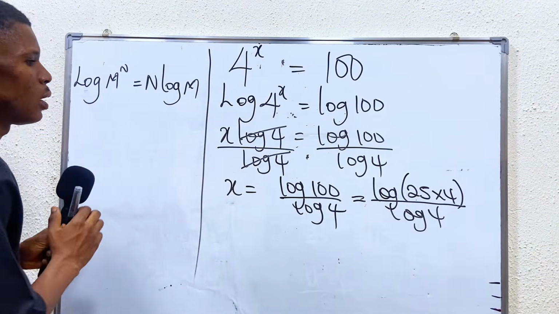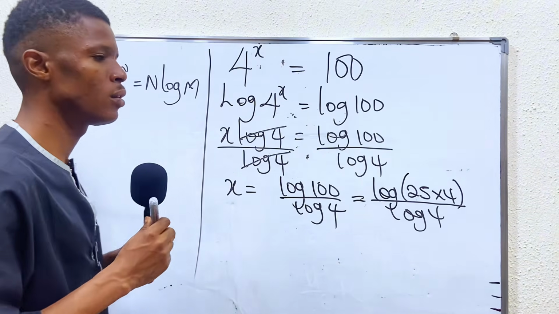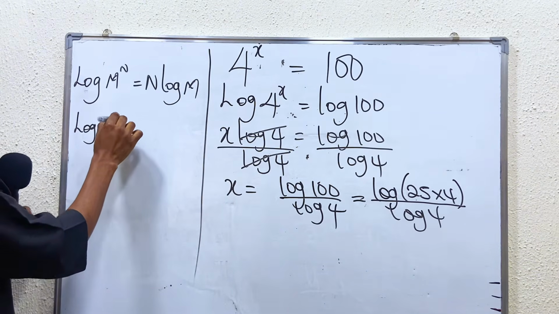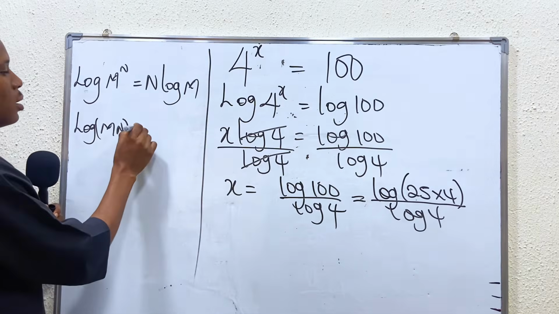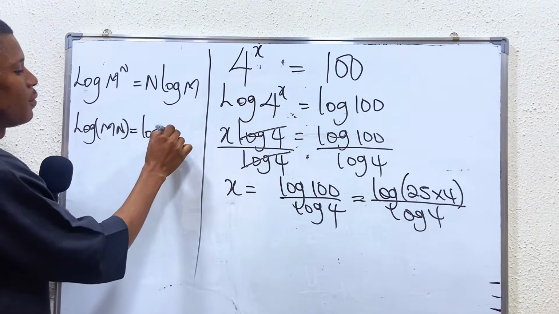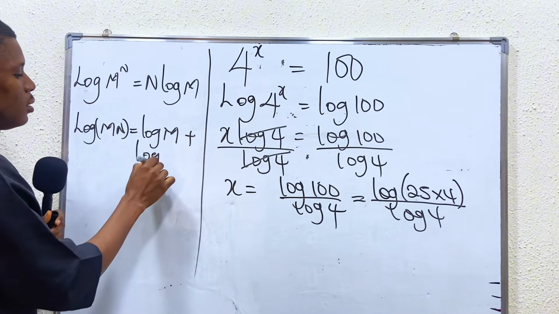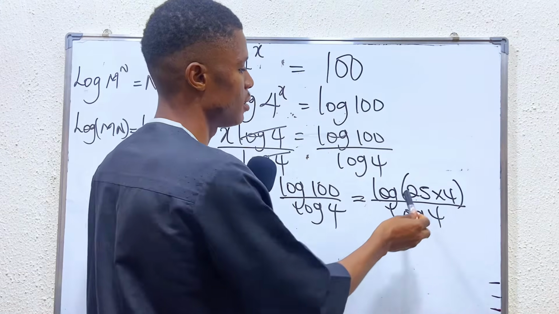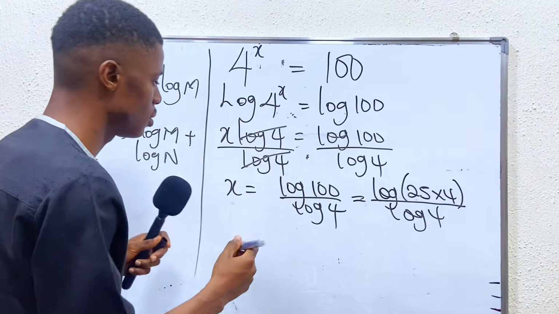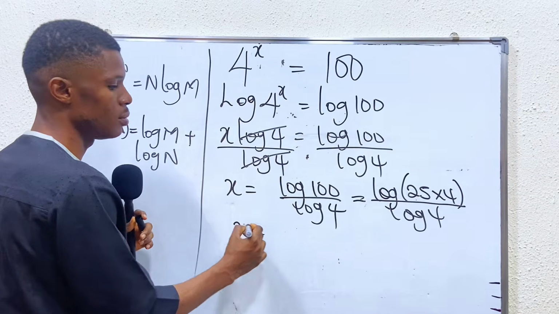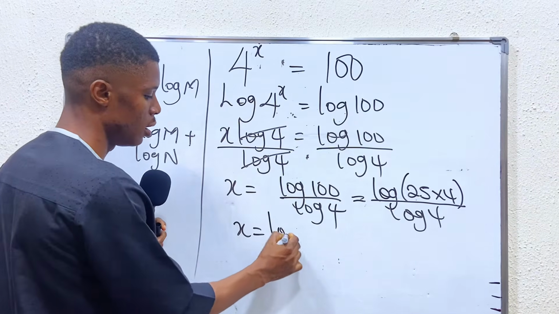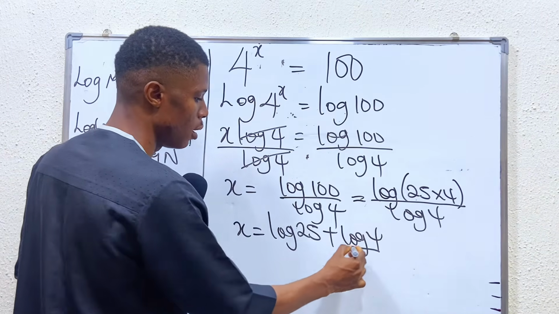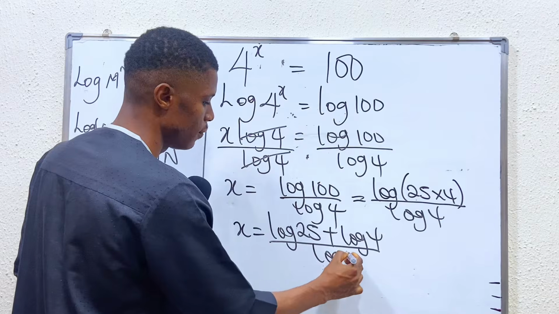So at this point, you are going to recall another law of logarithm, which says that whenever you have log of mn, this is actually the log of m plus the log of n. If you agree with this, we'll now apply this in the numerator. So you can now see that we're still having x to be equal to log 25 plus log 4 all over log 4.